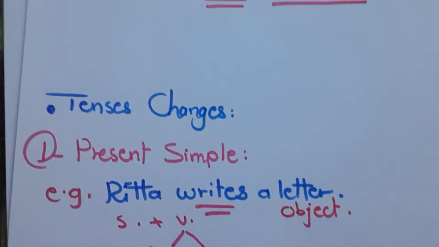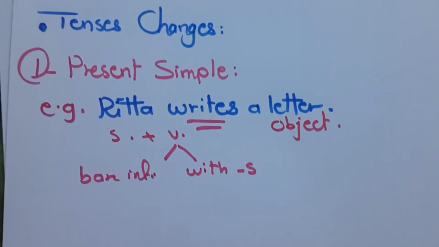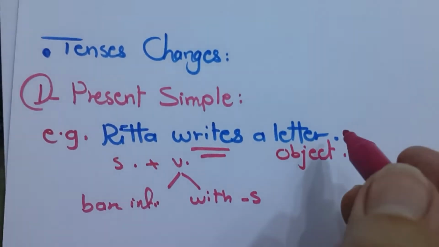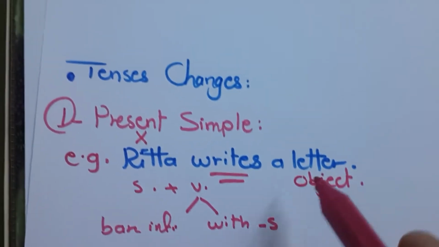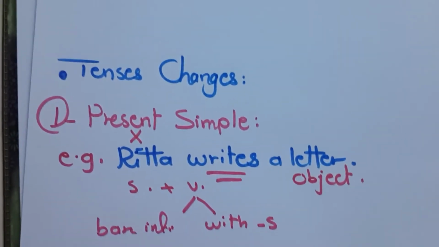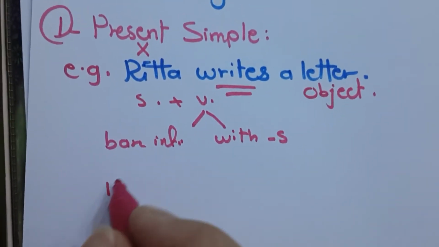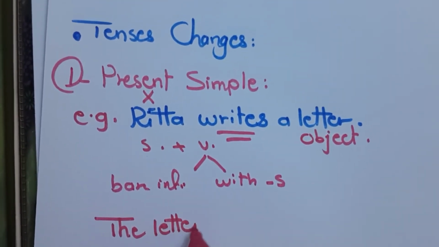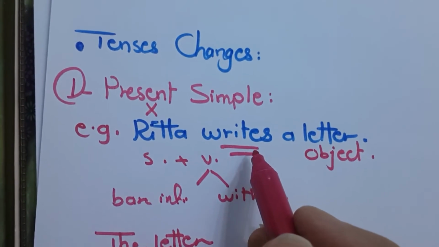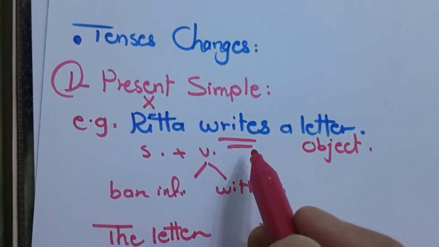So if we want to turn it into the passive voice, we omit the subject, take the object and put it at the beginning of the new sentence: the letter. Then you have the verb writes in the present simple.